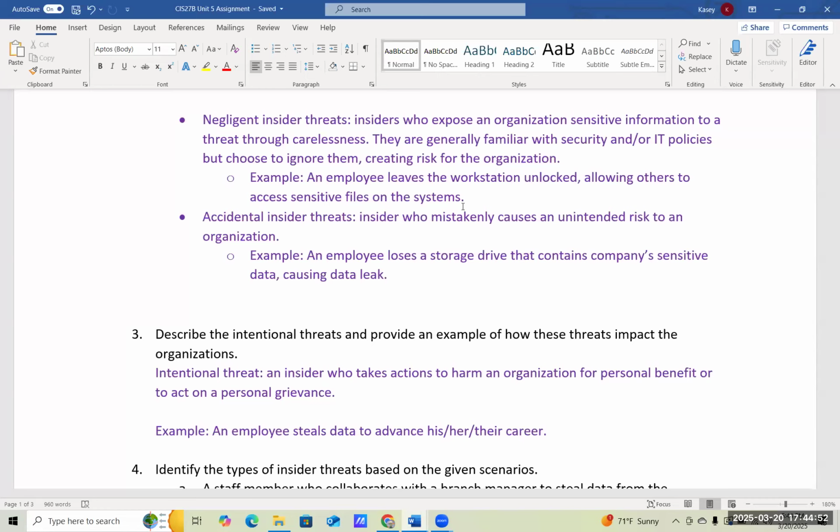They can also be paid by an entity or nation state to leak some form of data. You see this with clearance and secret clearance type positions as well. That's why there's a strong emphasis on high clearance and secret clearance.